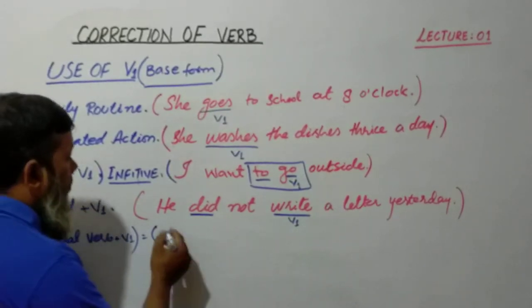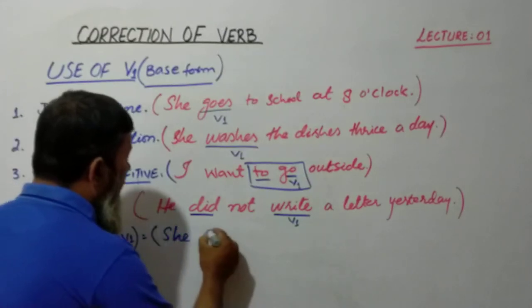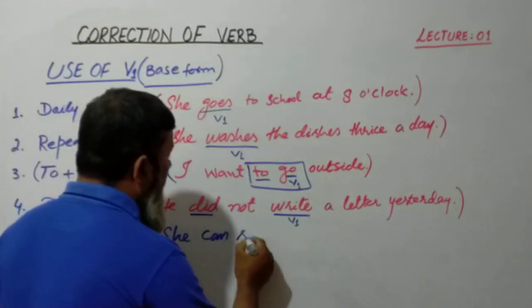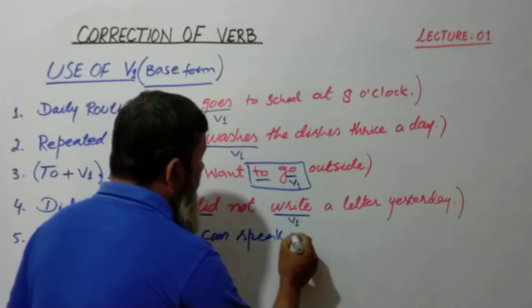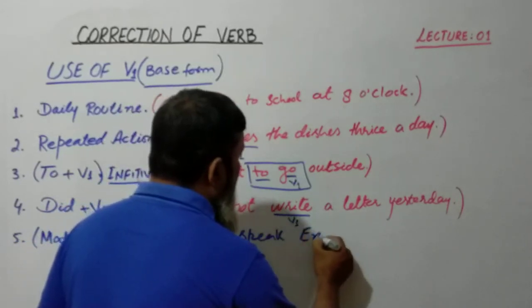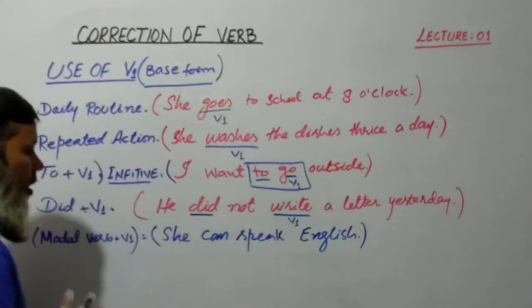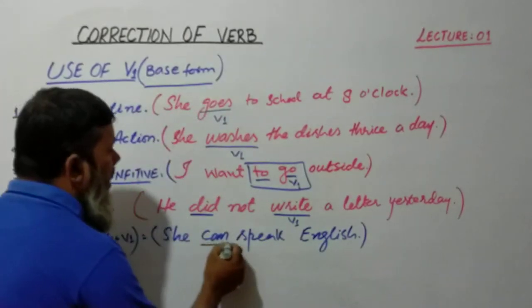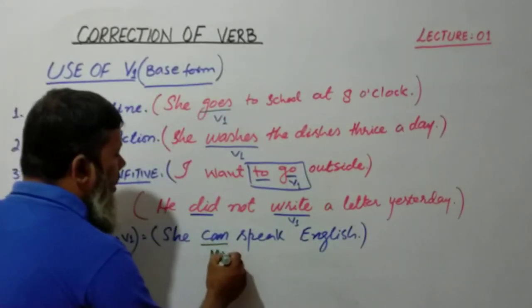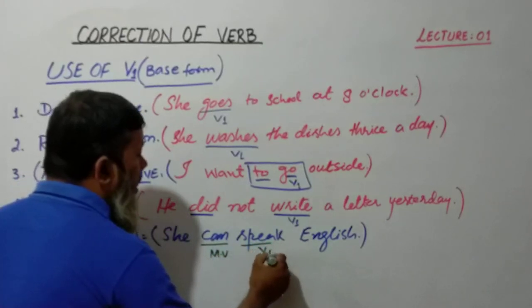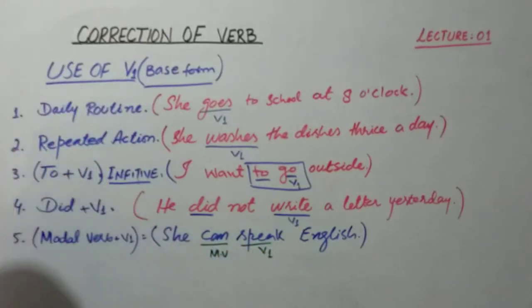If I say, she can speak English, it means here can is a modal verb, MV, and again the first form of the verb. So after the modal verbs, we also use the first form of the verb.